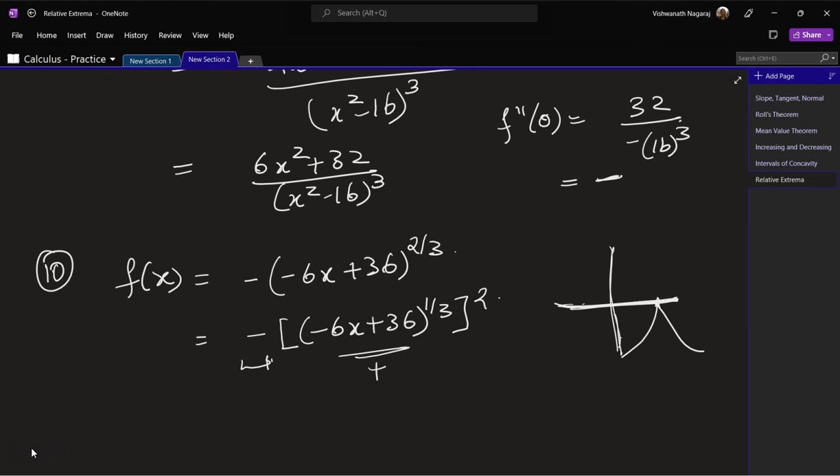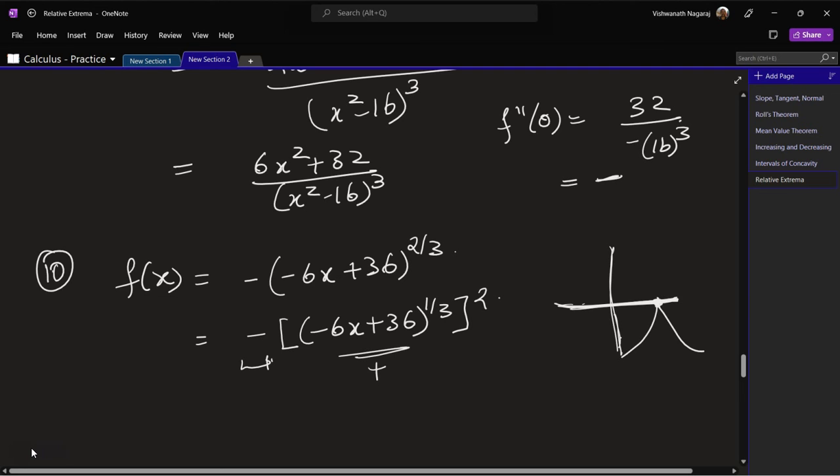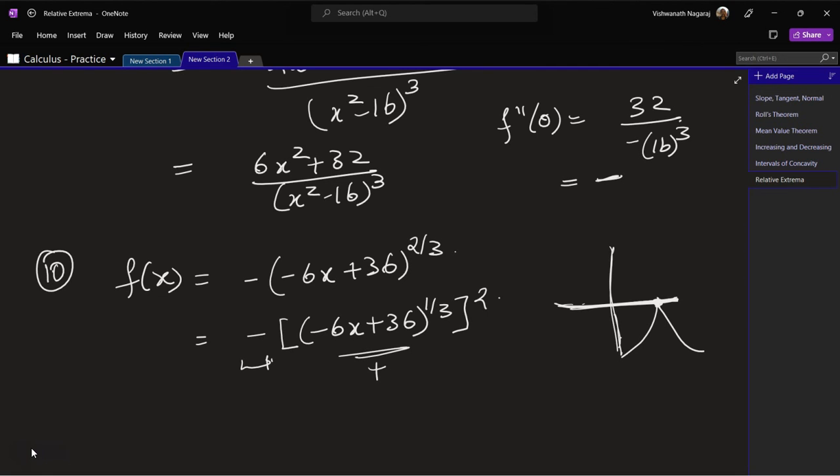That means this point is going to be the maximum, isn't it? So what will that point be? Now here, of course, I have given you that. But since we know that f of x will always be negative, whatever be the value of x, positive or negative, let's see what happens when f of x will be equal to 0.